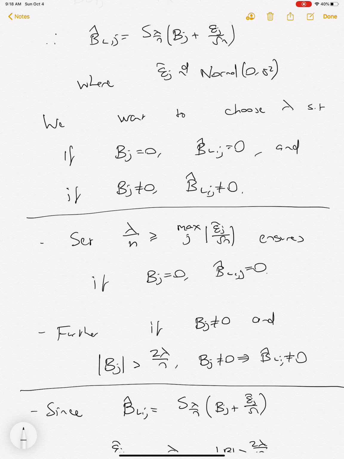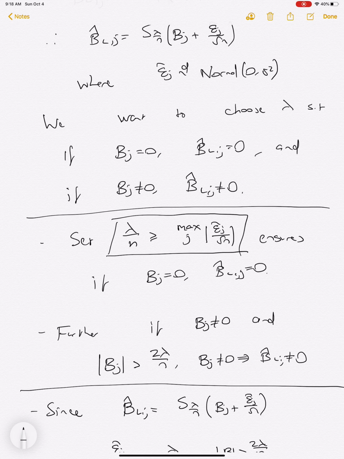So we're going to set throughout that lambda over n is bigger than this. Based on that, you can clearly show that if bj is 0, then b hat lj is also 0, because you've set lambda big enough to ensure that your b hat lj will stay at 0, because you're not going to get above that noise value.